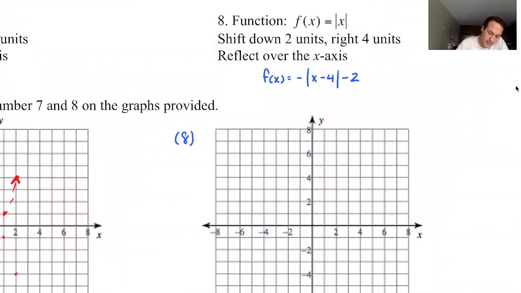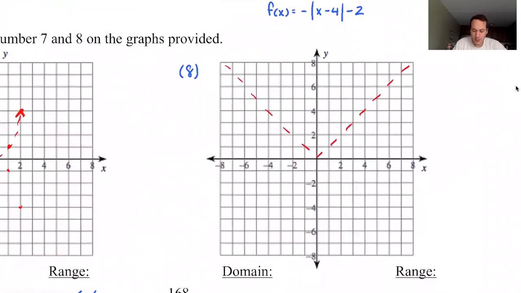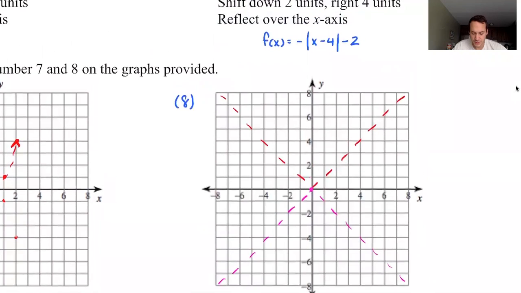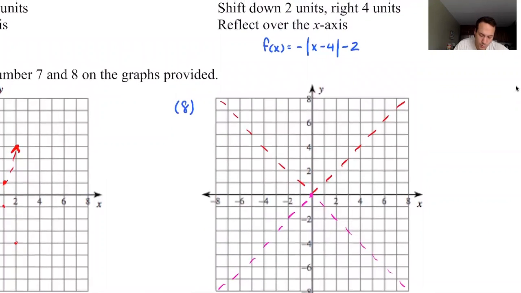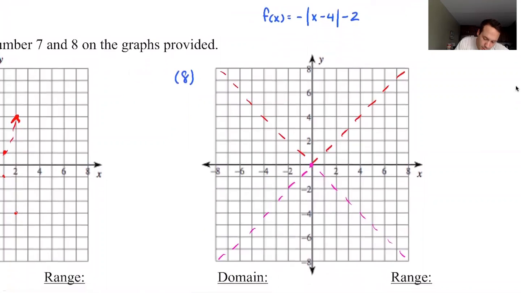I've got this absolute value. Same thing, we'll take care of reflecting that first. Okay, and now I'm going to shift it to the right 4 and down 2. So this point that's here is going to go to the right 4, down 2. This point that's here, right 4, down 2, right 4, down 2.